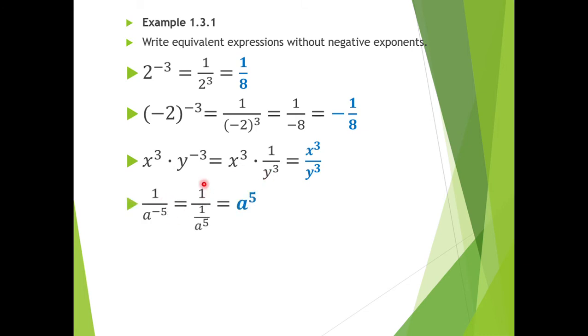Next, 1 over a raised to negative 5 is equal to 1 all over 1 over a raised to 5. Ni-reciprocal lang natin uli siya, kasi 1 over a raised to 5, iibabaw yan, so magiging a raised to 5, di ba?